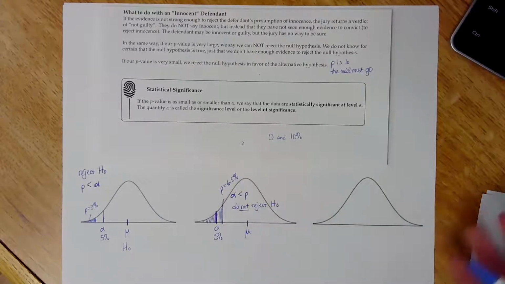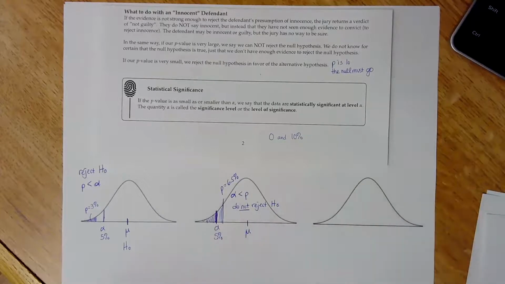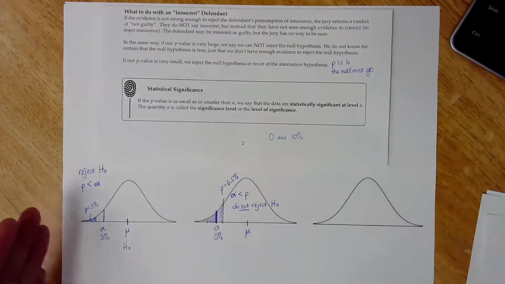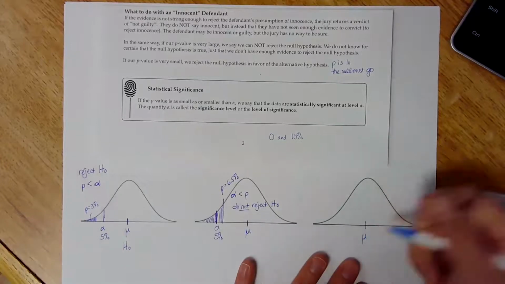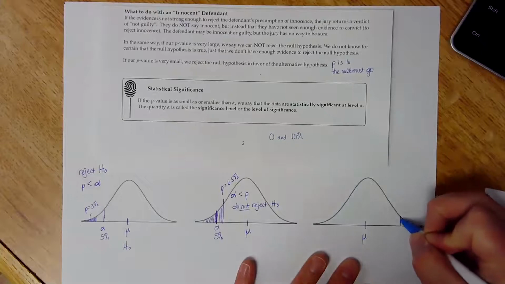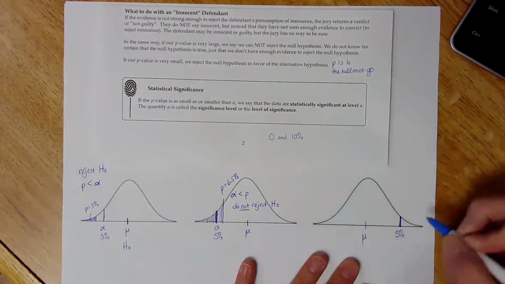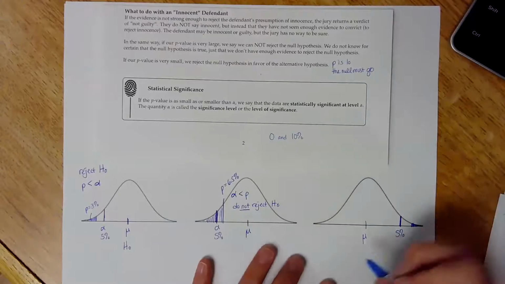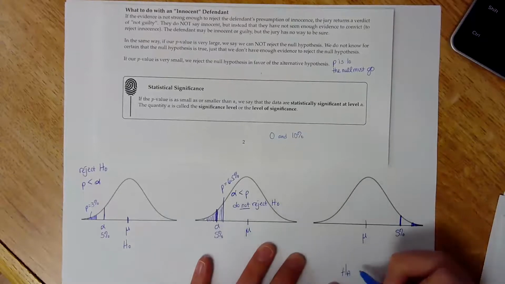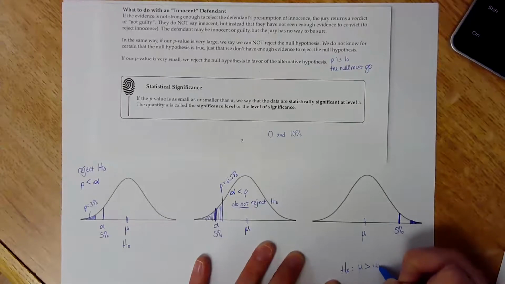And it works the same way on the other side. So I do these on a left tail test because in our minds we think about a number line counting from left to right. But it works the same way on a right tail test. Okay, so I can still put my 5% here. And if my p-value is 2% of the right end of the tail, this means my alternative hypothesis would have been mu is greater than some sort of value.